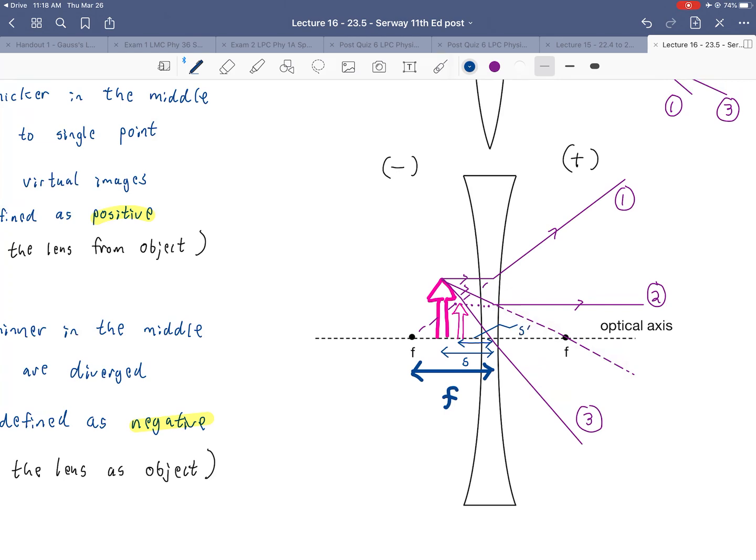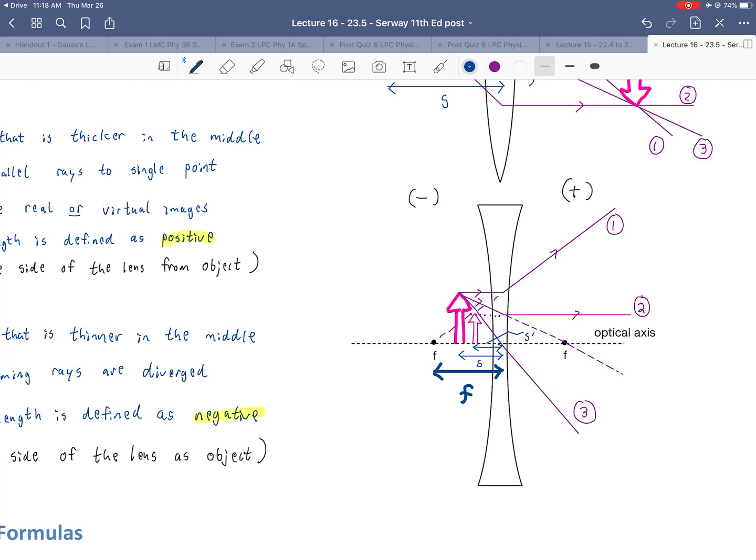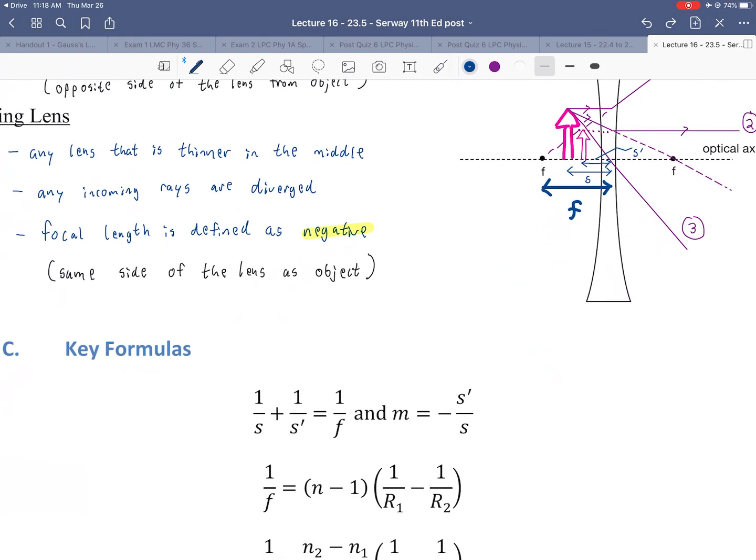And in that case, S prime is defined as negative because unlike the object distance S, it doesn't set the coordinate system, it's instead subservient to the coordinate system, and it's on the negative side because it's on the same side as S. And so that tells us that it must be a virtual image. It has a negative S prime, which means it must be upright, and indeed it is.